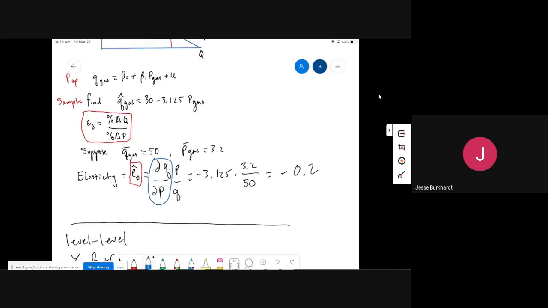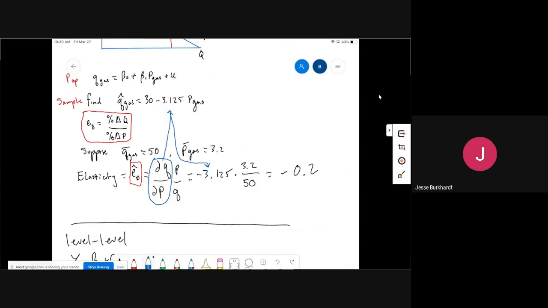Well, that is by definition beta hat 1. So dQ/dP is beta hat 1, negative 3.125. In our elasticity formula, we can just plug in negative 3.125 for dQ/dP. So that's what we're going to do.